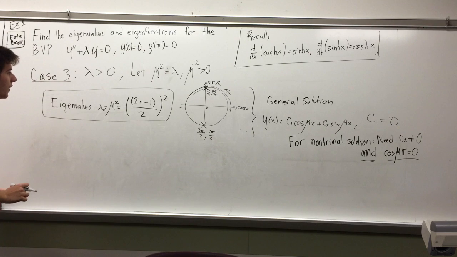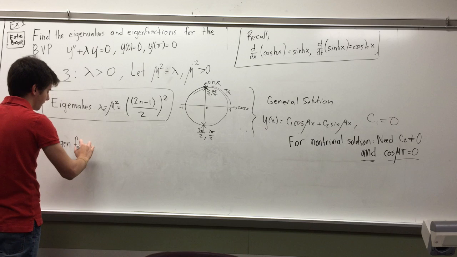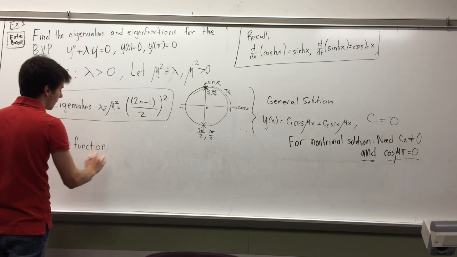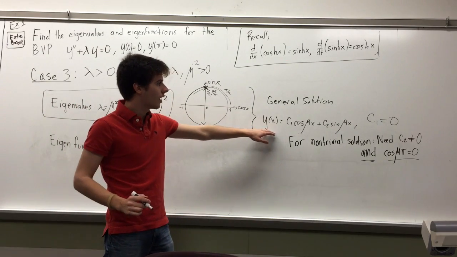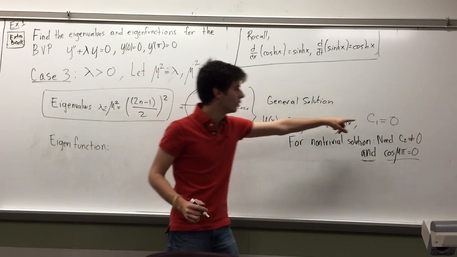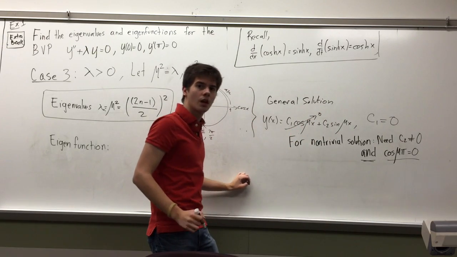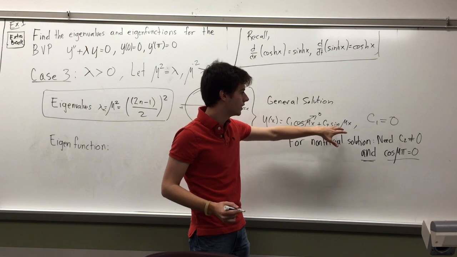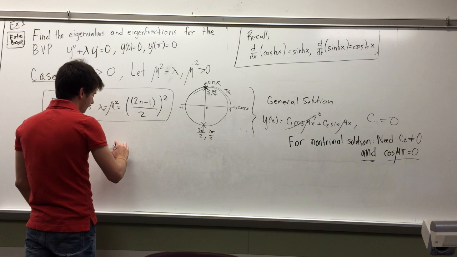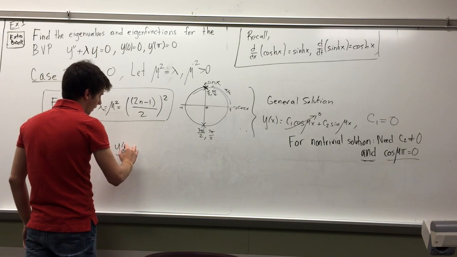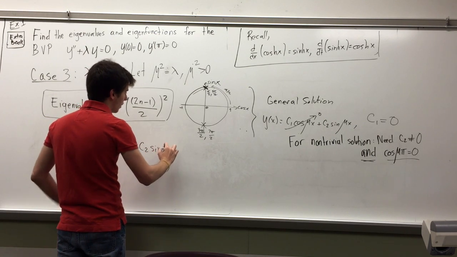What about our eigenfunctions? Well, we're just going to use our general solution, and we're going to see that C1 is equal to 0, so this term vanishes in our general solution. We're just going to consider this part right here, C2 sine of mu x. So our eigenfunction y_n of x is equal to C2 sine of mu x.